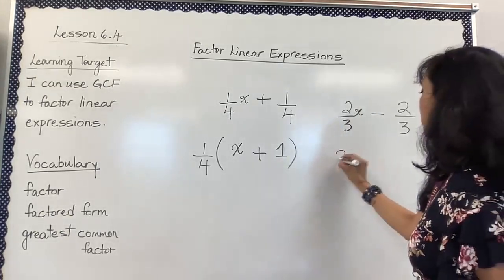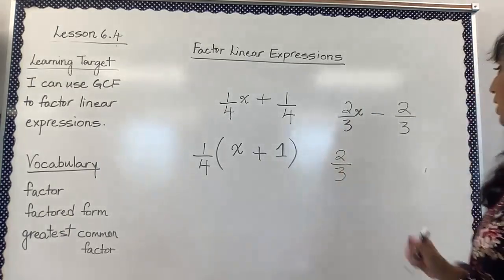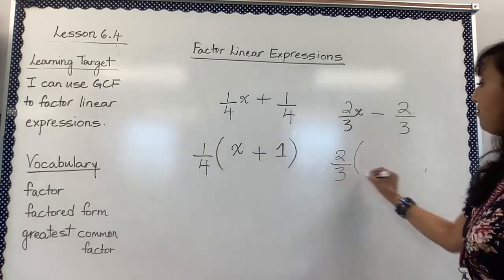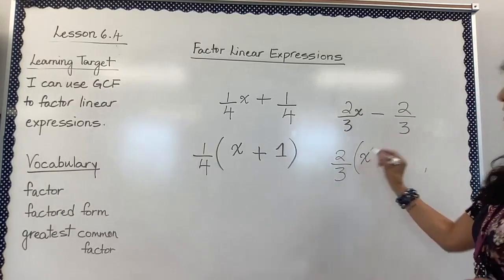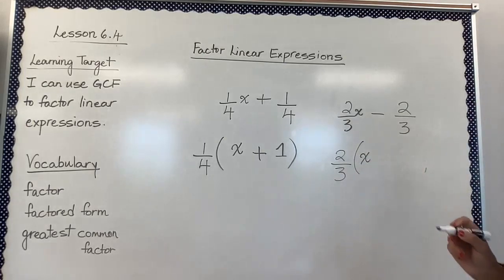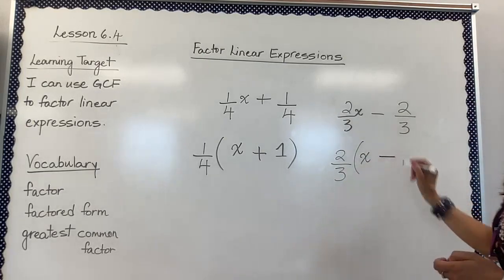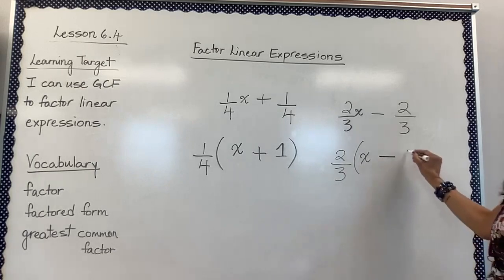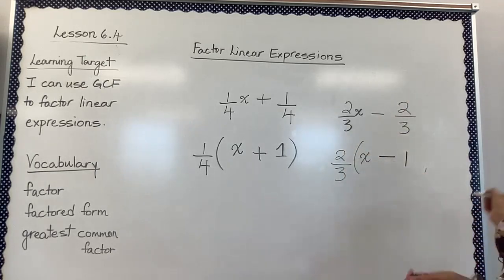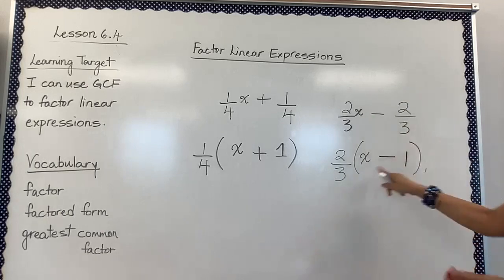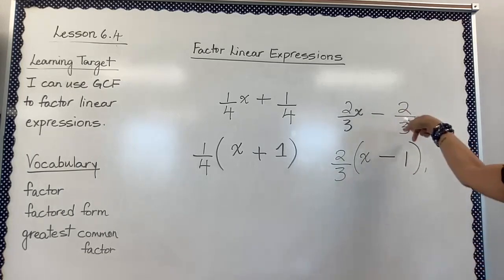It is 2/3. What do I have left? Since this is 2/3 times x, that gives me just x left over, right? Minus, it's going to be 1 because I have taken that 2/3 out. So 2/3 times 1 is going to give me minus 2/3.